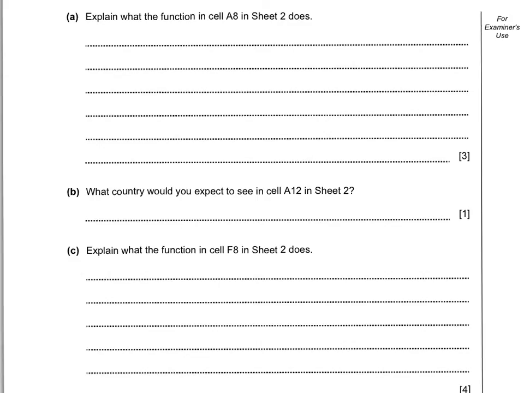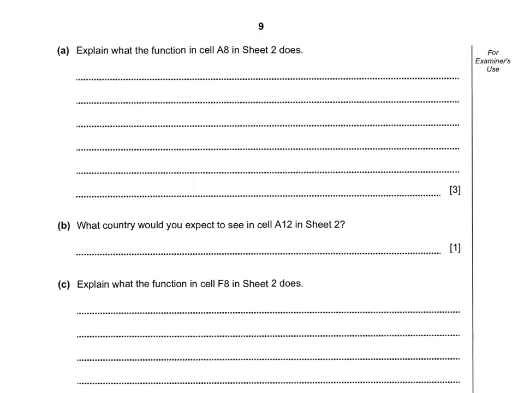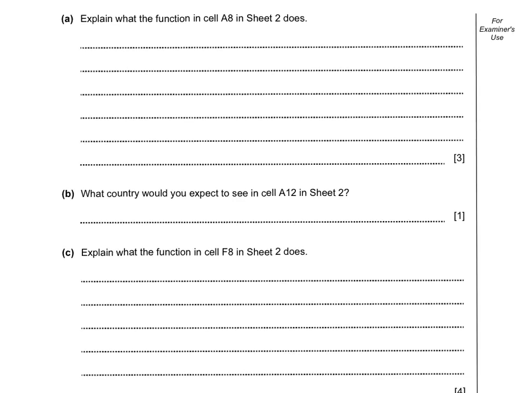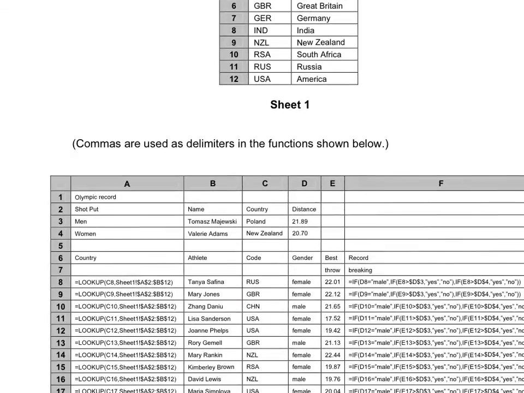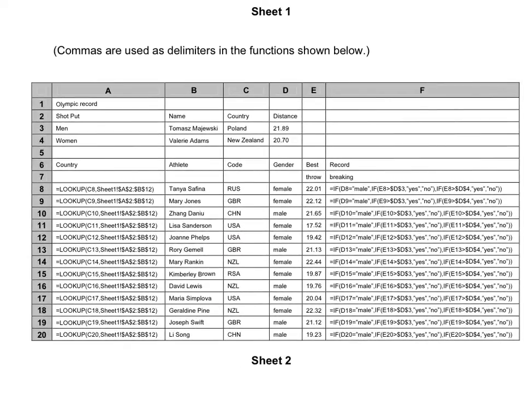So what they want us to do with this spreadsheet is explain what the function in cell A8 in sheet 2 does. If we go back and have a look, we can see that in sheet 2 we have in A8 the lookup function.